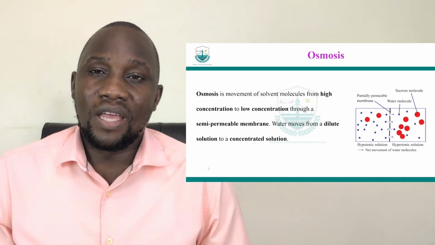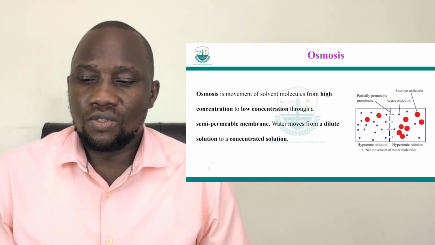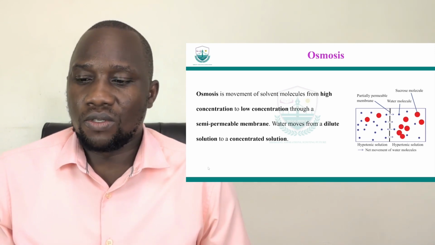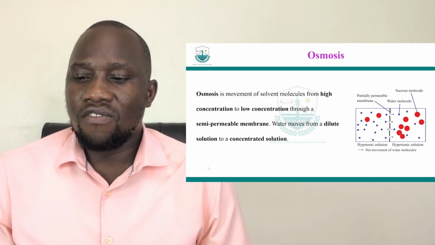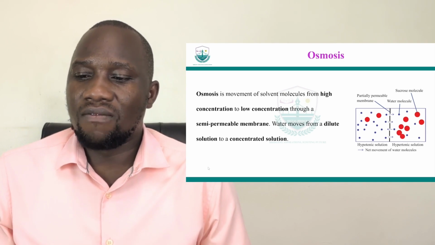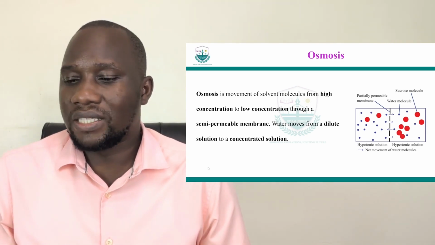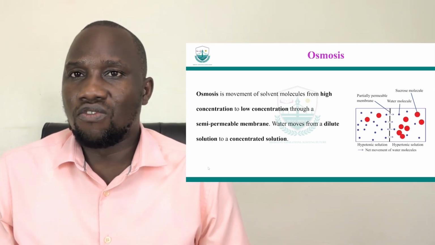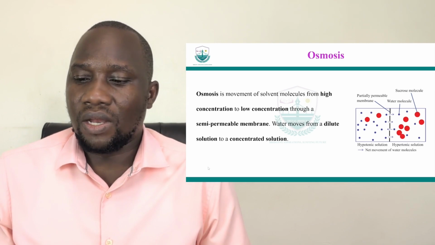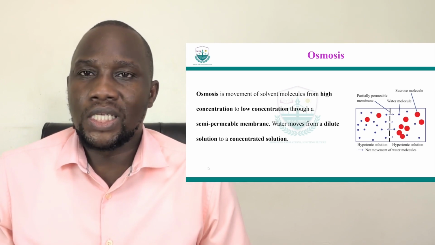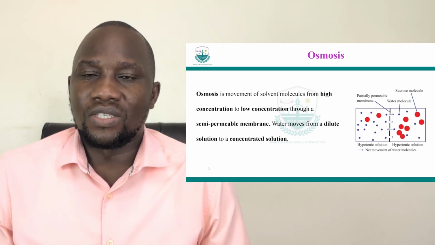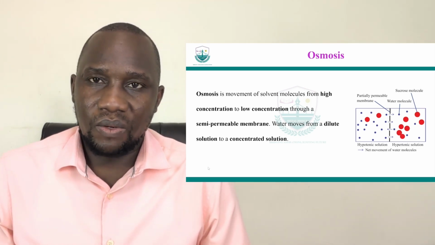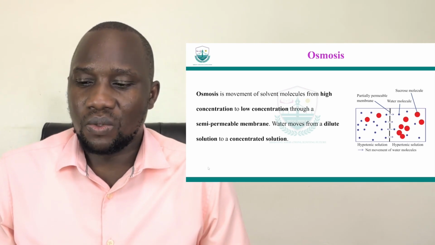The water will move from where there are few particles to where there are more particles. Like in this case, you have more sucrose molecules on one side and very few on this side, so the water molecules will move to where you have a lot of sucrose molecules, across a semi-permeable membrane.